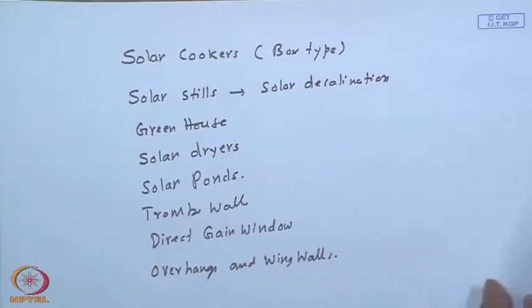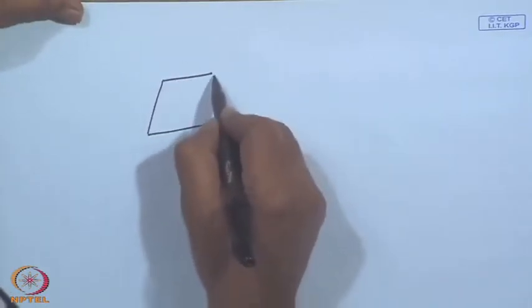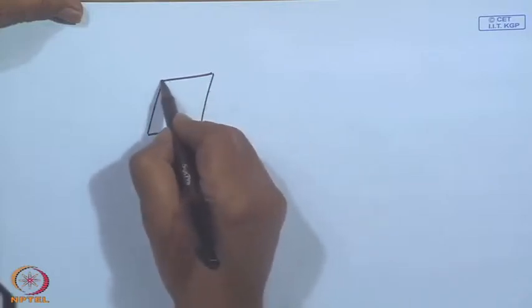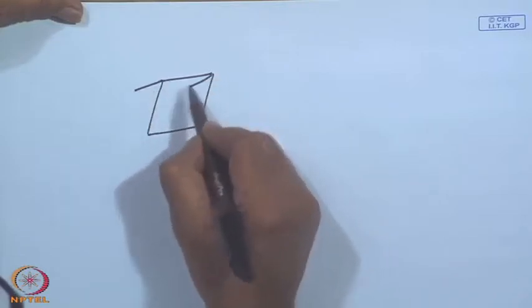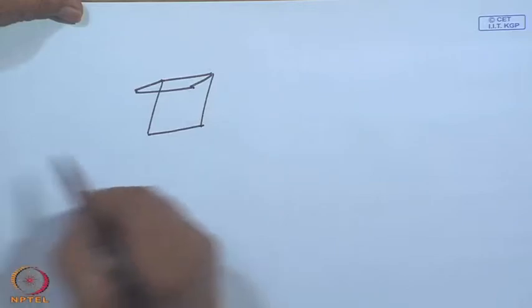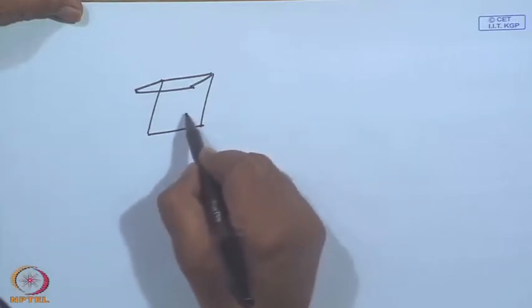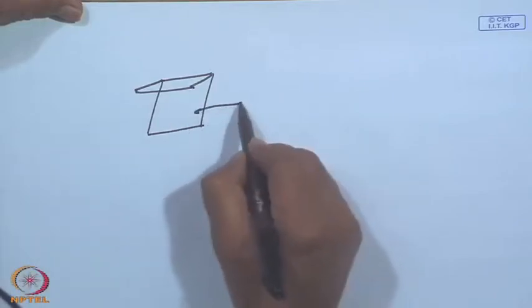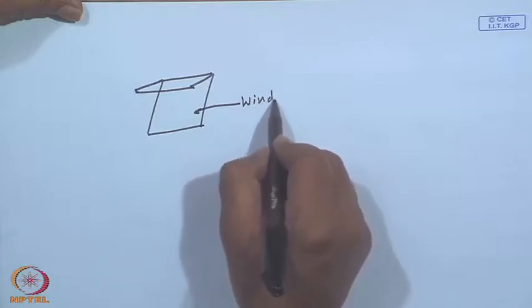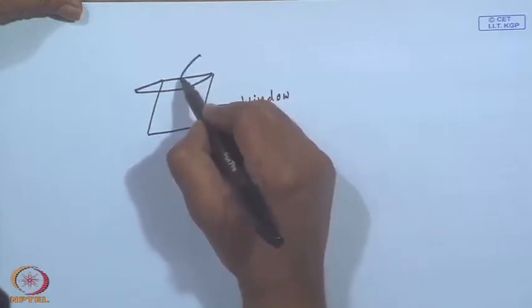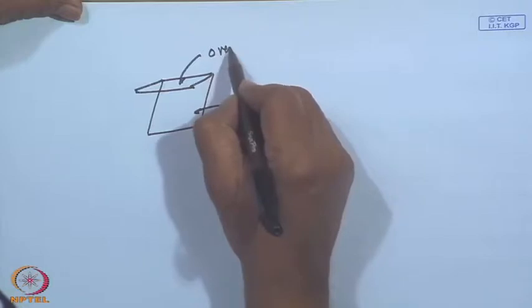So, I will just explain this a little bit before we go into detail. For example, you must have seen that almost all windows will have a projection, right. This is the window, this is the overhang.